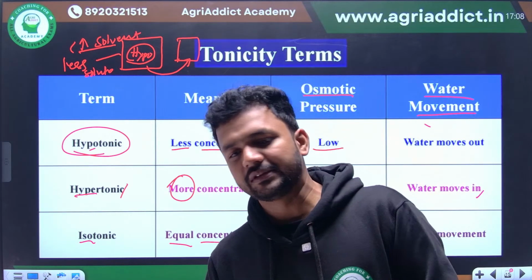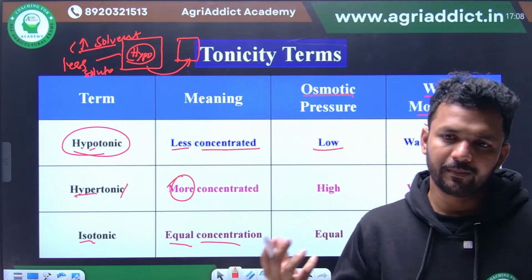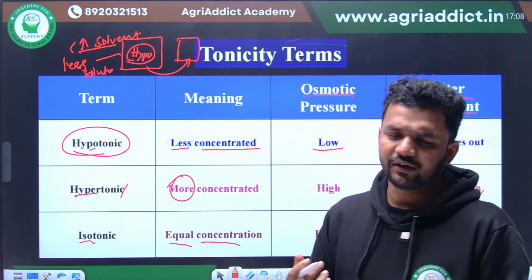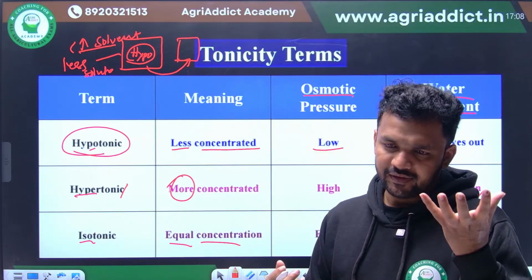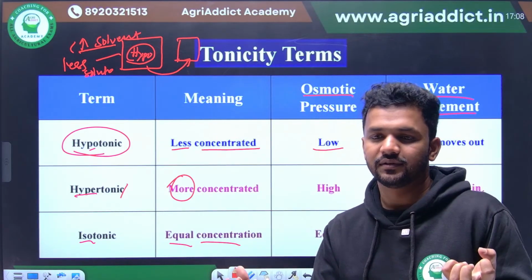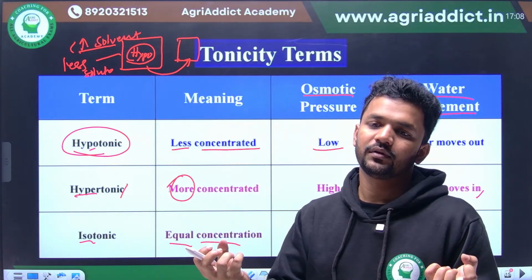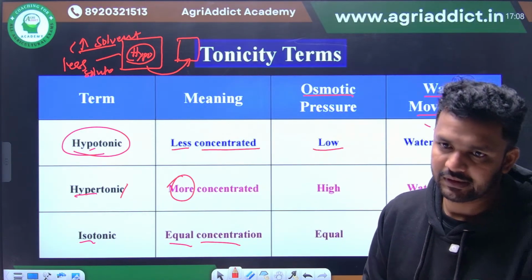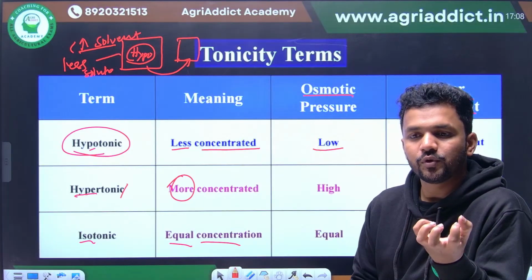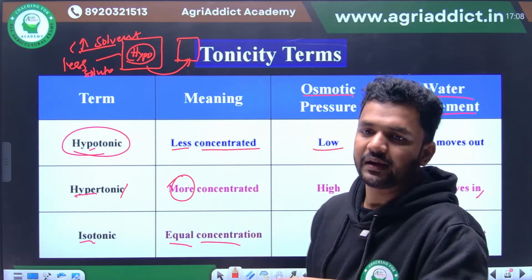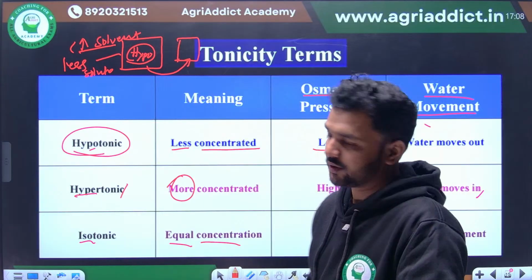No, it is not necessary. We are comparing two systems. But yes, you are right: if inside the cell the solute concentration is less and outside it is more, then the cell is called a hypotonic system. So the water will move from the cell into the surroundings. And hypertonic is the reverse of hypotonic.